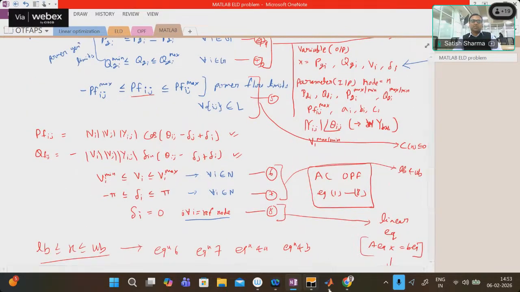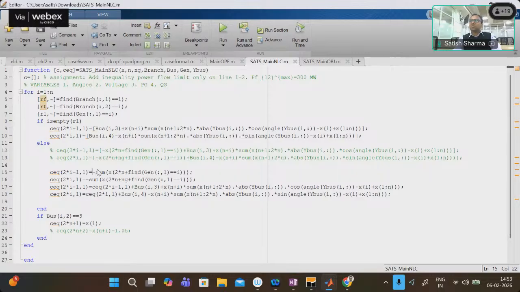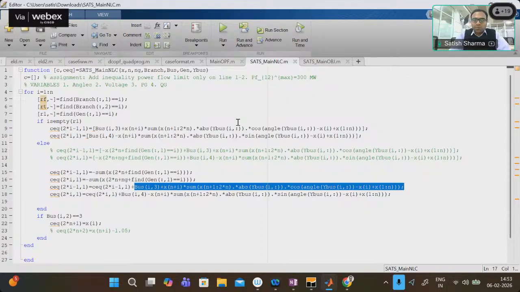That's why you see a minus sign with respect to the PG, the minus of the summation of the generators available on the ith bus. These are the PGs, and the same holds for the reactive power, the QG. Once this has been added to this CEQ function, the term is the same as above, that is PD plus the summation of the Pij. This is how I can define my equations.